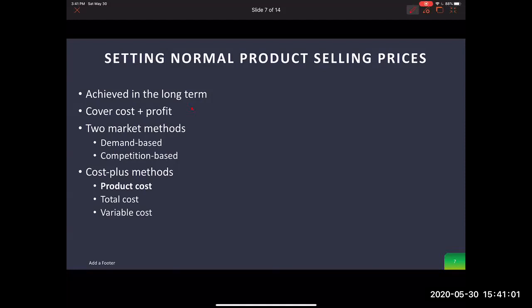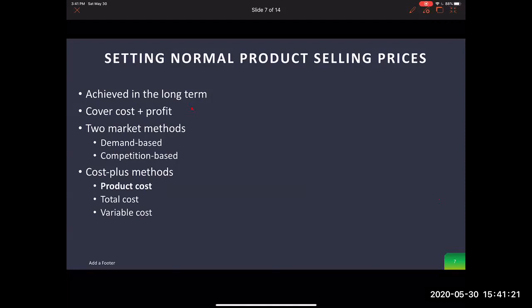Now there's also the cost-plus method, which looks at product cost, total cost, and variable cost. When you're looking at product cost, the normal selling price equals the cost amount per unit plus any markup.